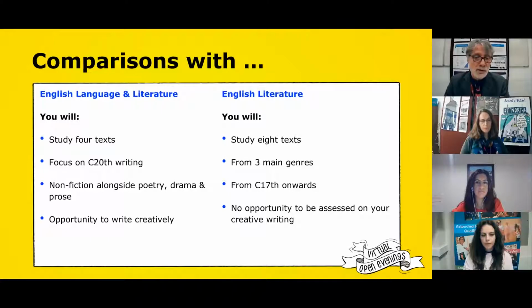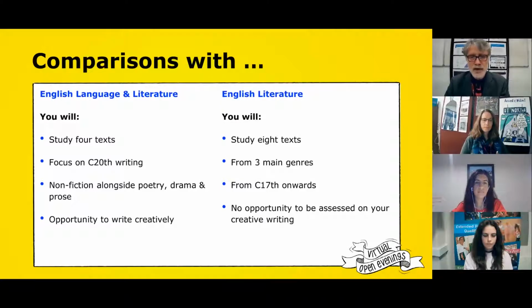So if you really want creative writing to be part of your course, then you should look at single language or language and literature combined. The single literature doesn't offer creative writing as part of the course. Okay, so that's the overview of the differences between the three Englishes.